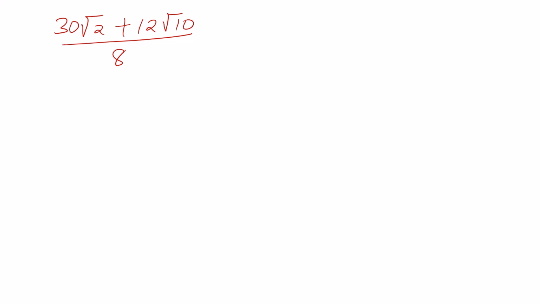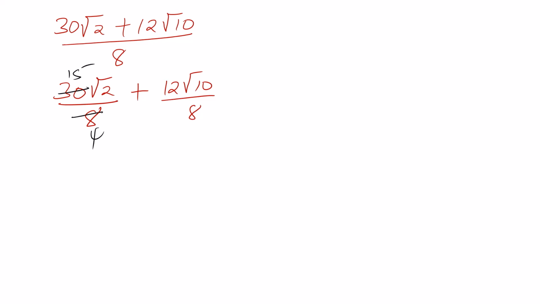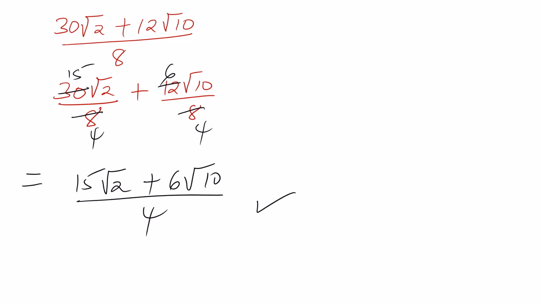So you can simplify this one further. 30 root 2 divided by 8 plus 12 root 10 divided by 8. Simplifying this by 2, 4, by 2, 15, by 2, 4, by 2, 6. So this one simplifies to 15 root 2 plus 6 root 10, everything divided by 4. So that is how you're supposed to work out that.